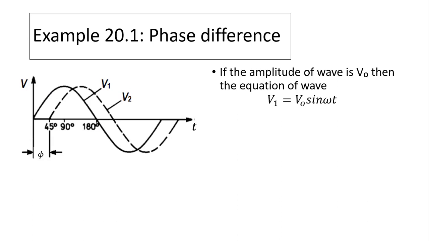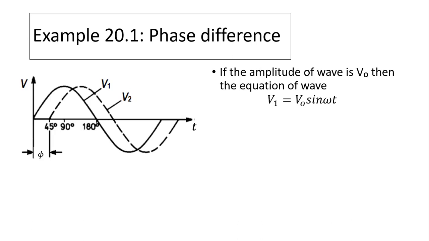Yeah, we move to the right by 45 degrees. How to write that? What's the equation? Are you asking about V2 or V1? V1 is written for you already. Now I'm asking you for V2.